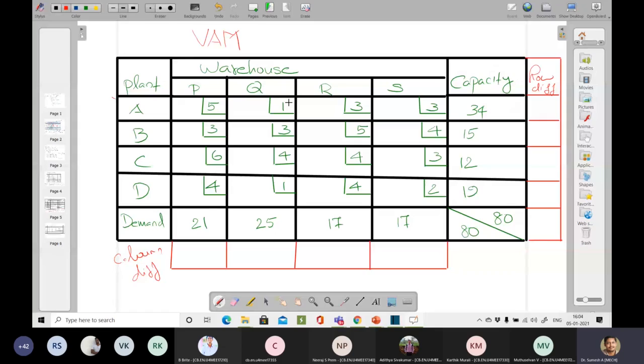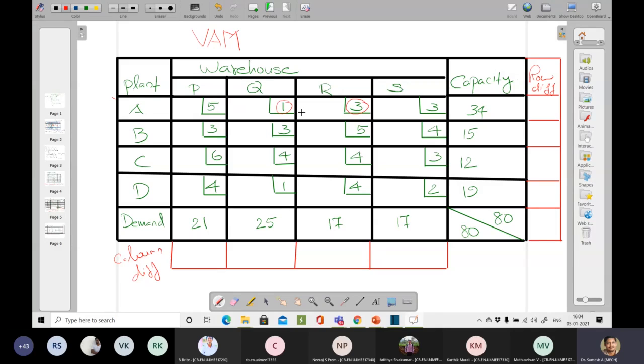The row difference is calculated between the two lowest costs in that particular row. So this will be 3 minus 1, and the value will be 2.